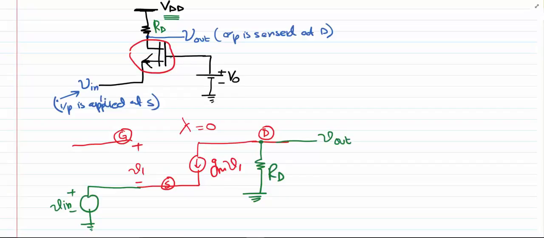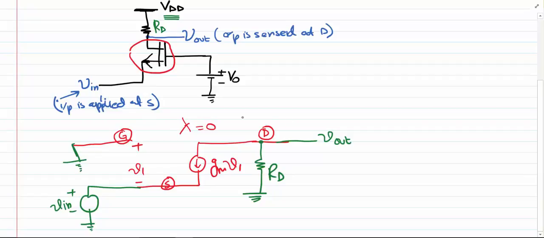The gate terminal of the common gate stage is connected to the ground via V0, where V0 is a constant voltage supply. As we know, a constant voltage source goes to 0 in the small signal model, therefore the gate terminal goes straight into the physical ground.